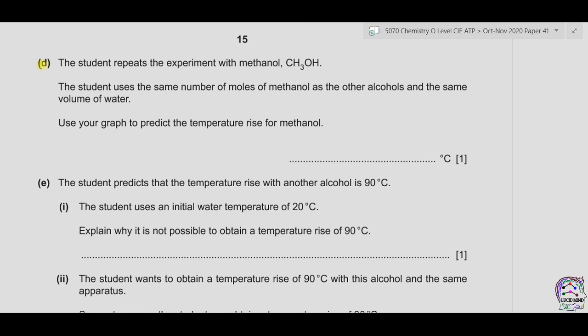Moving towards part D, the student repeats the experiment with methanol. The student uses the same number of moles of methanol as the other alcohols and the same volume of water. Use your graph to predict the temperature rise for methanol. As we can see that methanol consists of 1 carbon atom. So from graph we can find the temperature rise for 1 carbon.